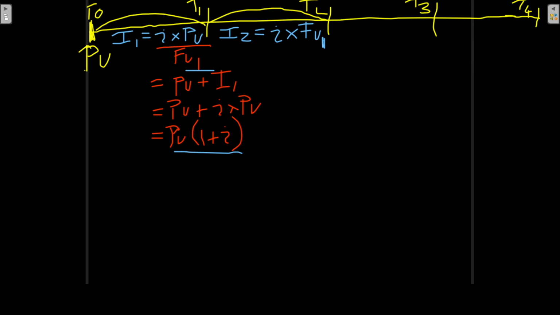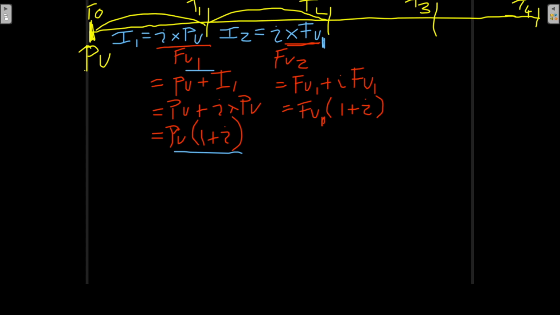So the future value at time point 2 is the future value at time point 1 plus the interest rate times the future value at time point 1. I simplify that to the future value 1 times 1 plus the interest rate.